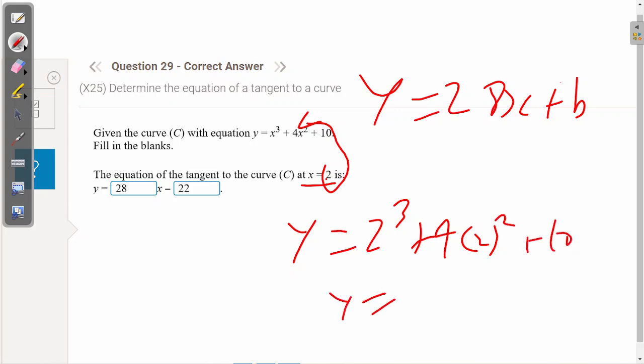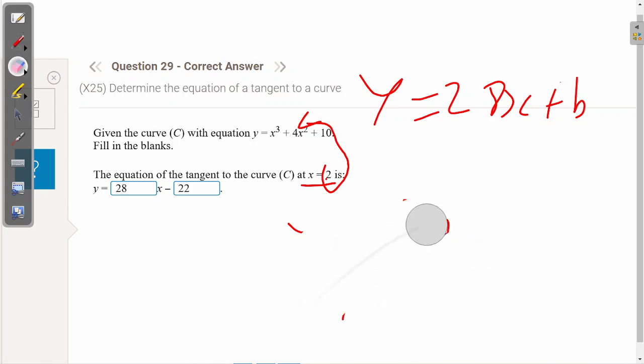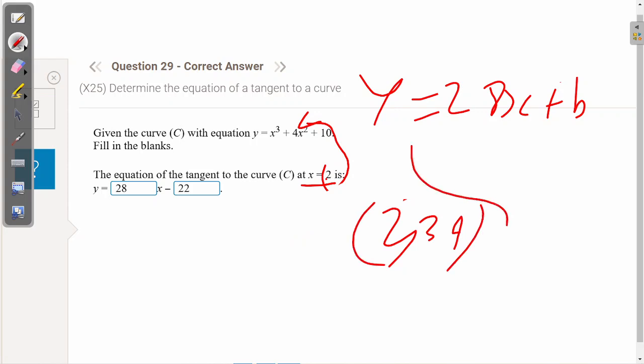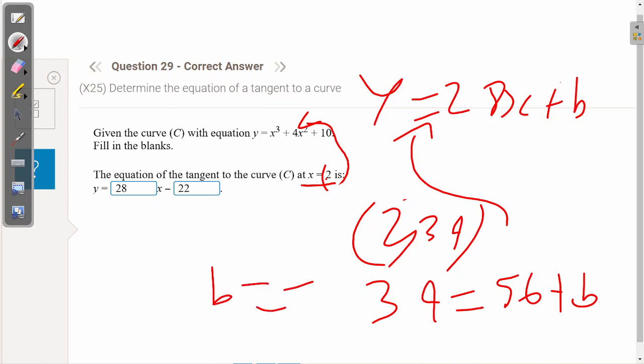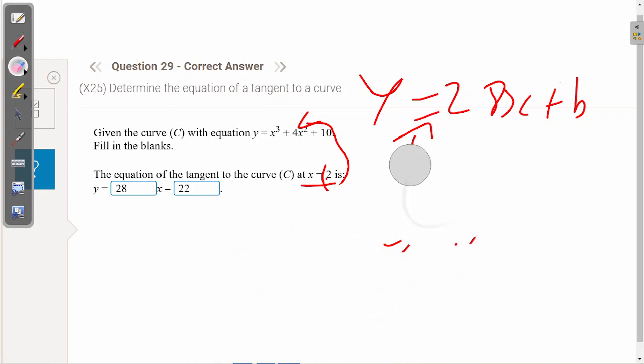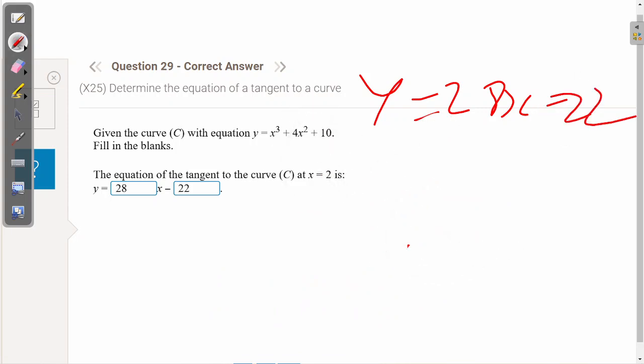You will get 34. So your point is (2, 34). Substitute this in here. So 34 equals 28 times 2, 56, plus b. So b equals negative 22. So the equation is y equals 28x minus 22.